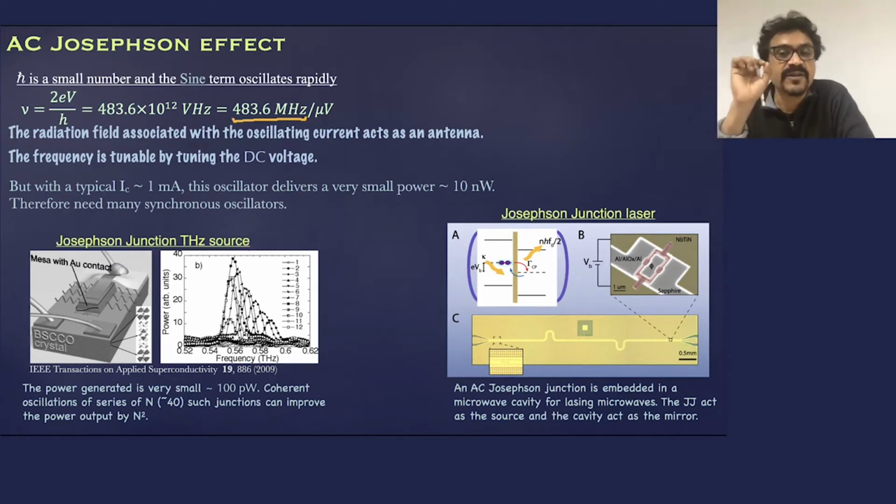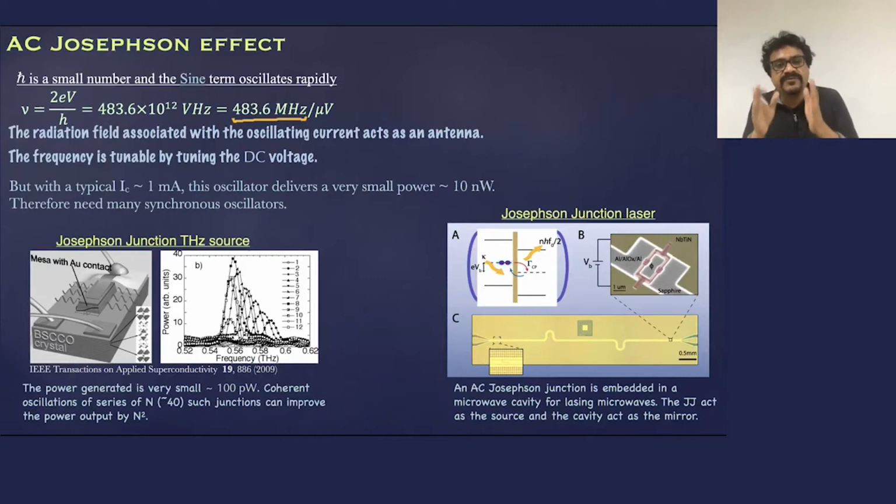Just 1 microvolt across the junction is going to give you 483 megahertz, or 10 microvolt is going to give you close to 5 gigahertz, right? Like 4.8 gigahertz, just 10 microvolt. So what happens is the radiation field, which is associated with the oscillating current, acts as an antenna, and it's actually going to emit this radiation.